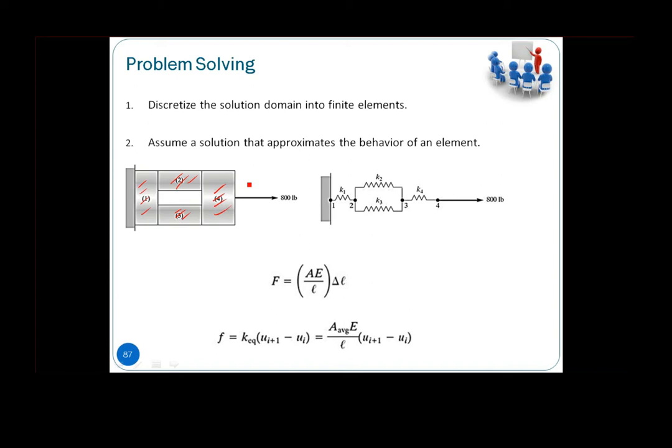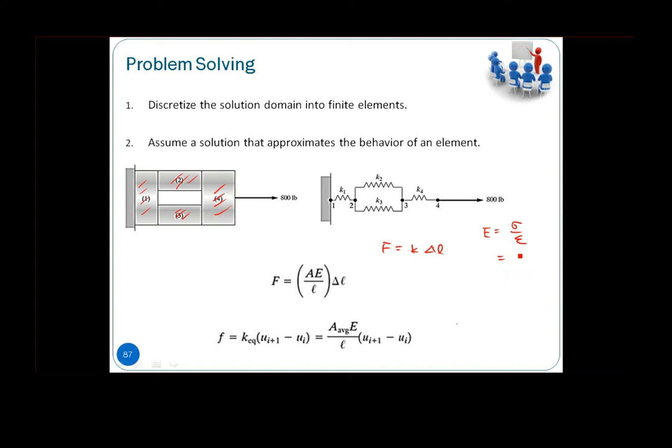For axial loading, if you still remember, for one element we use F equals AE over L. So we are saying that F equals K delta L itself, right? We know that E equals stress over strain.